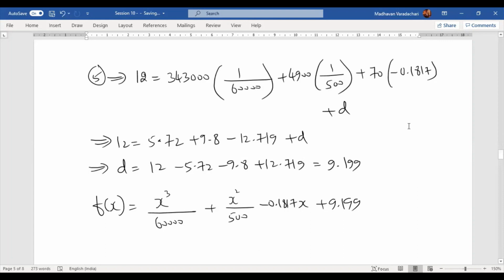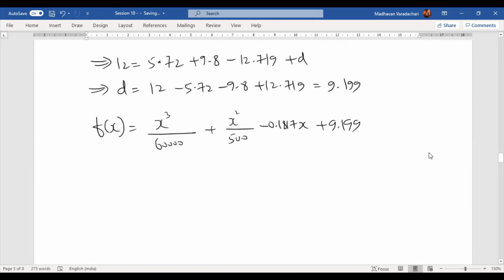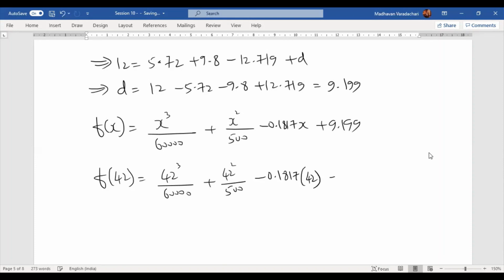Now what is the question? Question is asking us to interpolate for if x is equal to 42. So f of 42 we have to find out. It is 42 cube divided by 60,000, plus 42 square divided by 500, minus 0.1817 times 42, plus 9.199. So let us calculate this. 42 cube divided by 60,000, we get 1.2348.